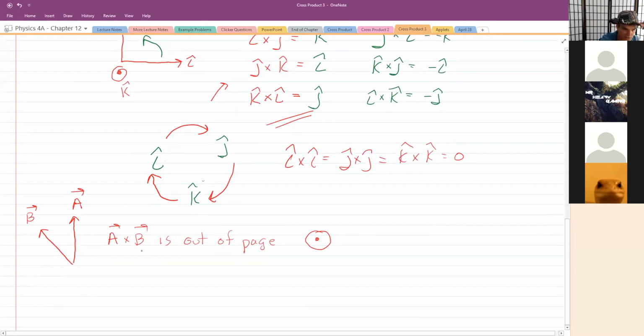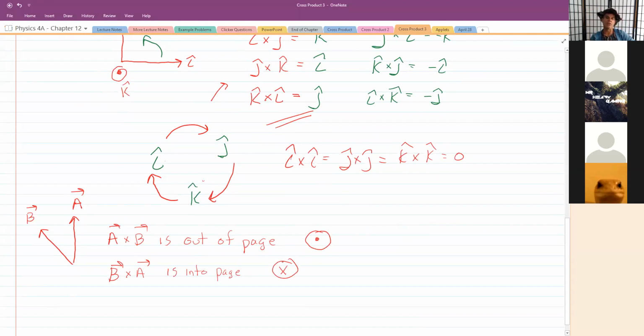If I took B cross A, now with my right hand, if I curled B into A, then my thumb would point into the page. So B cross A is into the page. The way we represent a vector which is going into the page is an X with a circle in it.